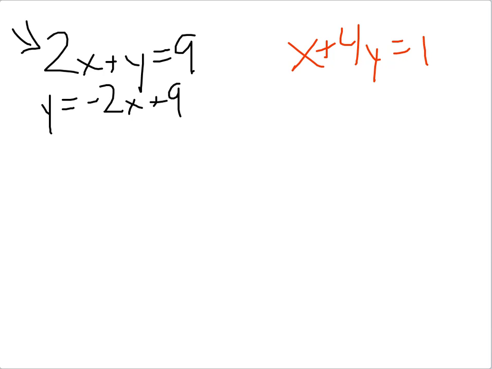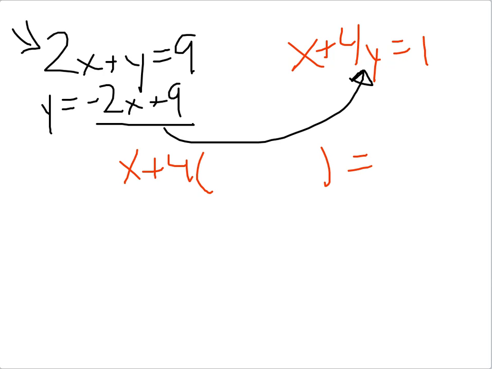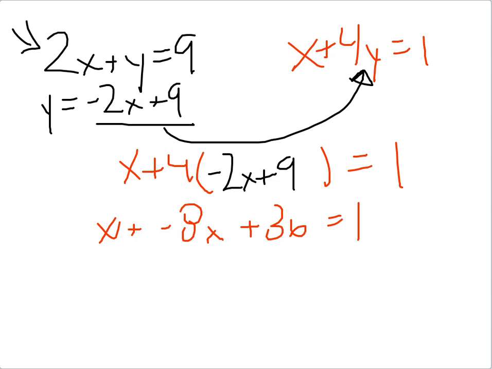Well, I can take that and substitute that in for y, and that will give me an equation that looks like x plus 4 times y, which is negative 2x plus 9, and now I'll distribute, and I get x plus negative 8x plus 36 equals 1, and that gives me negative 7x equals negative 35, and I divide both sides by negative 7, and I get x equals 5.